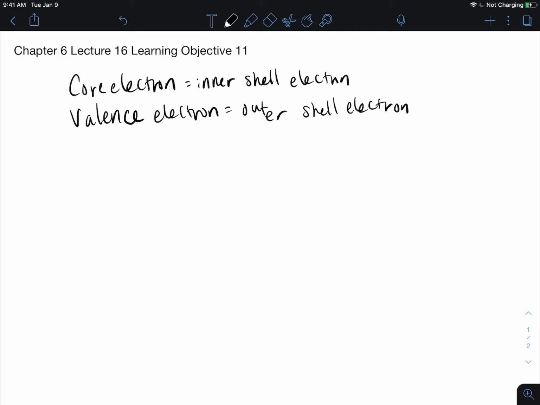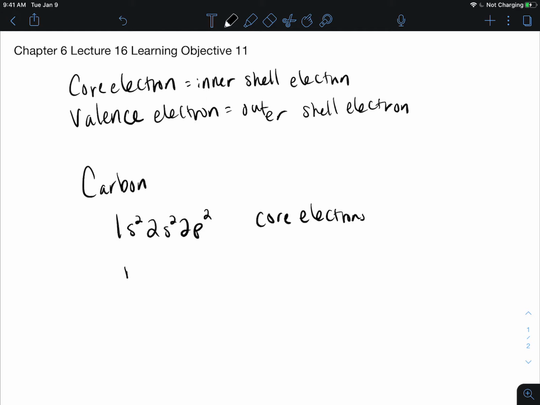Okay, so if we're looking at something like carbon, if we did the electron configuration for carbon, we'd have 1s2, 2s2, 2p2. So our core electrons in this case are our inner shell electrons, so they're the ones with smaller values of n than the max value.